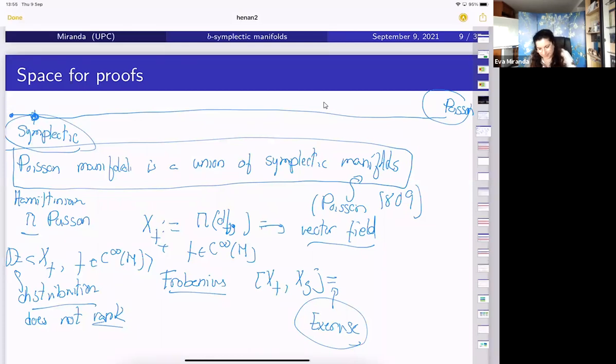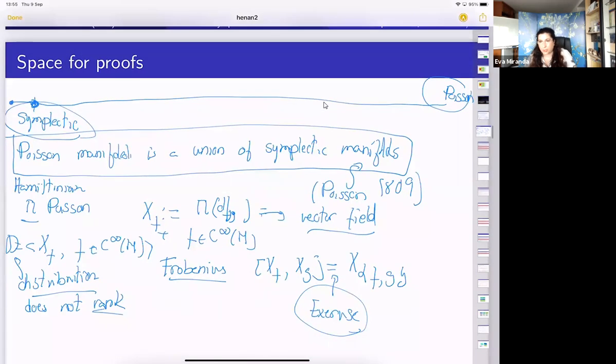Okay, so as an exercise, I can say that this is the same as the Hamiltonian vector field of the bracket of f and g. This means, and this is quite surprising, that if I take two Hamiltonian vector fields and I do the bracket, of course, it's very easy to check in the symplectic case. It's super easy because it comes from the computation I did before.